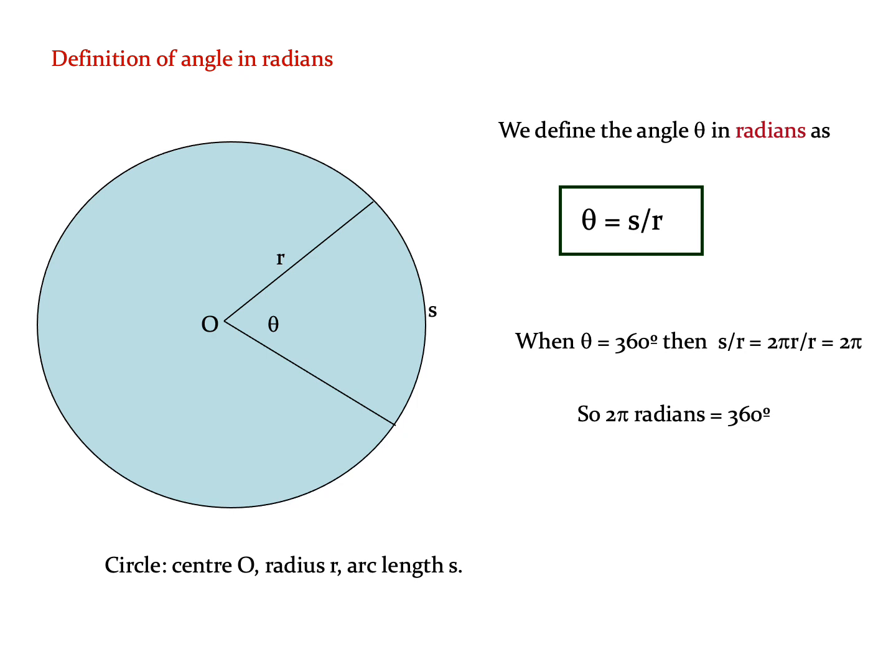That tells us then that 2 pi radians is the same as 360 degrees, or another way of thinking about it is the angle of a circle is 2 pi radians. It follows, of course, that pi radians is therefore 180 degrees. So that's something you should commit to memory.